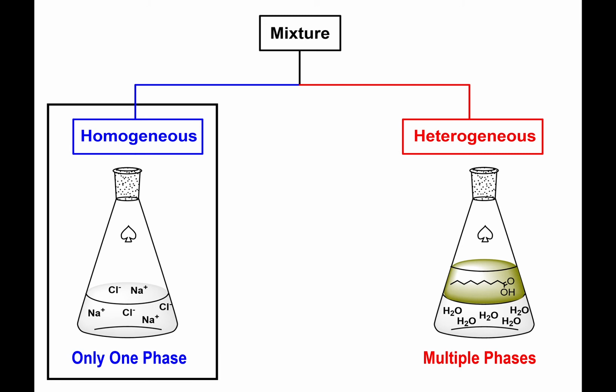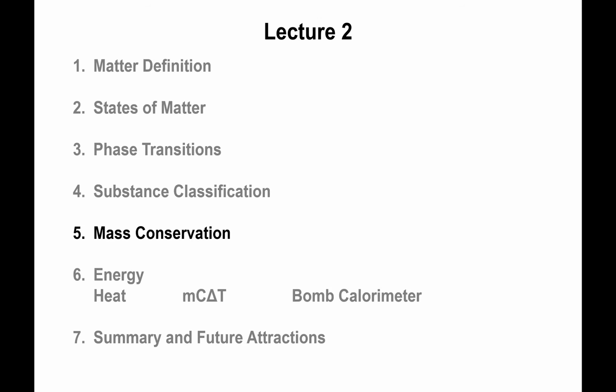But in this class, we're going to be focusing mostly on homogeneous mixtures, solutions that we can prepare by adding specific substances to water. And we're going to get to that in more detail in future lectures. But for now, I just need you to recognize homogeneous mixtures as those that form only one phase, and heterogeneous mixtures as those that form multiple phases, with a mixture representing the combo of two or more pure substances.